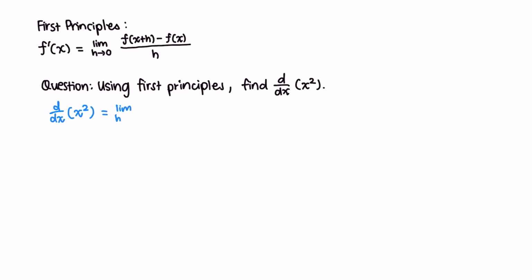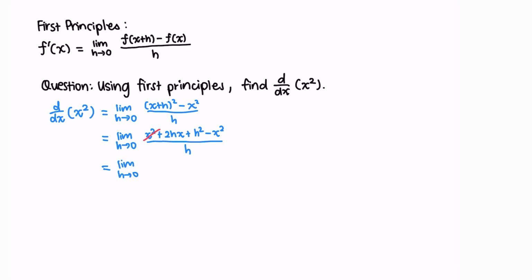So I'm going to write limit as h approaches 0 of f(x). In this case, f(x) is just x squared. So we'll take (x plus h) squared minus f(x) over h. Now we can't immediately substitute h for 0, so what we want to do is expand the top. We get x squared plus 2hx plus h squared minus x squared over h.